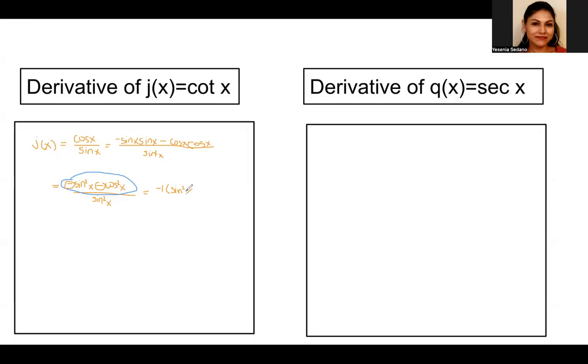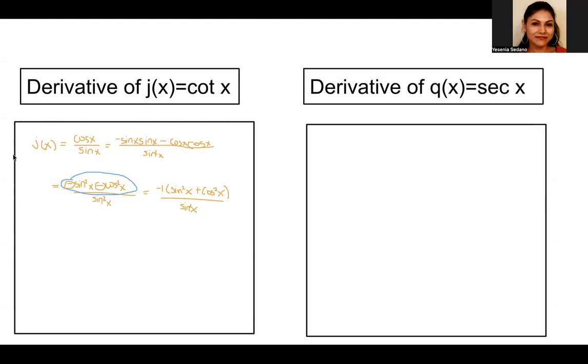If I factor out a -1, we're going to get sine squared plus cosine squared, all over sine squared of x.